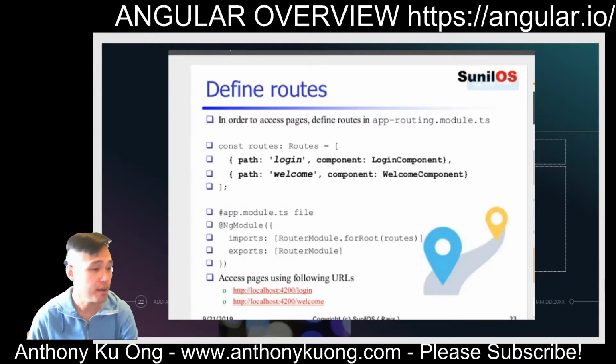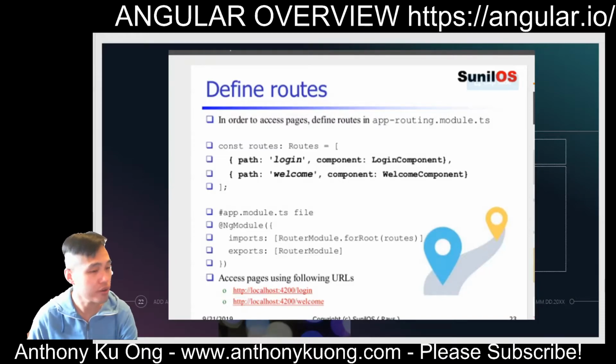We import the router module, RouterModule.forRoot, and specify the routes, and we also need to export it so that other modules would know about it. Once you're done, you're going to be able to access the URLs based on the mapping there, based on the path in the component. So if you hit localhost 4200 login, you'll get into the login component. Usually it'll say login works, or welcome works.